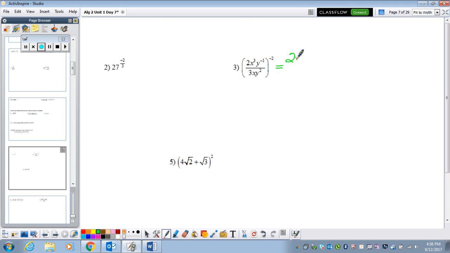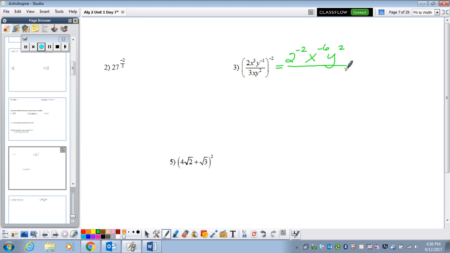So 2 to the negative 2 power. X to the what power? The third power raised to the negative 2 power, we multiply. Power of a power, we multiply. So negative 6 power. Again with the y, power of a power, we multiply. Negative 1 times negative 2 is positive 2.